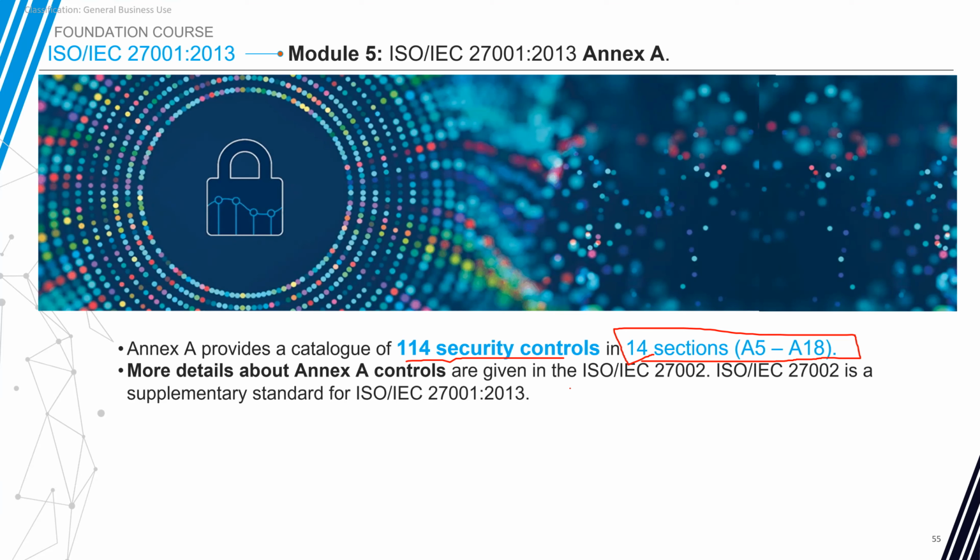As I told you a few minutes ago, if you need more information about the controls, you can read the document ISO 27002. This is a supplementary standard for the ISO 27001, and it provides more details about the recommended security controls.